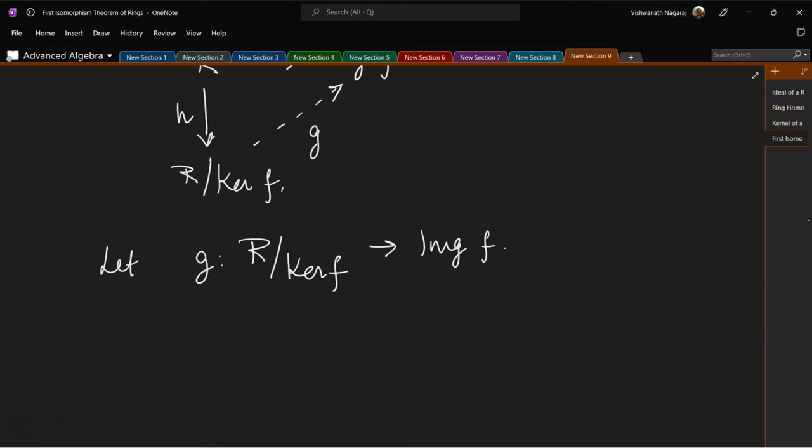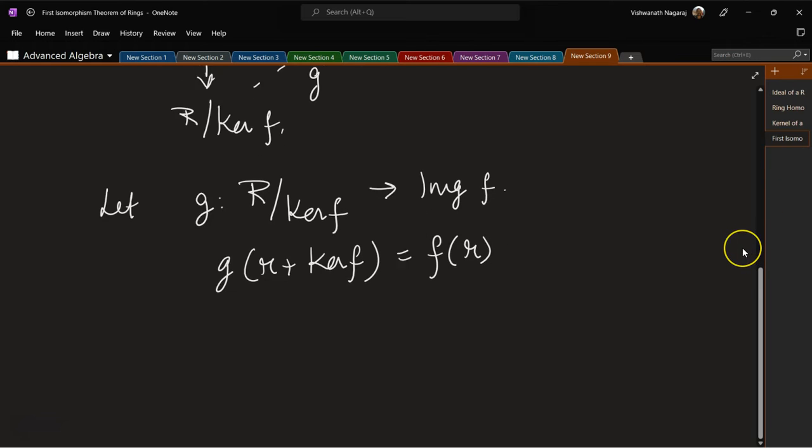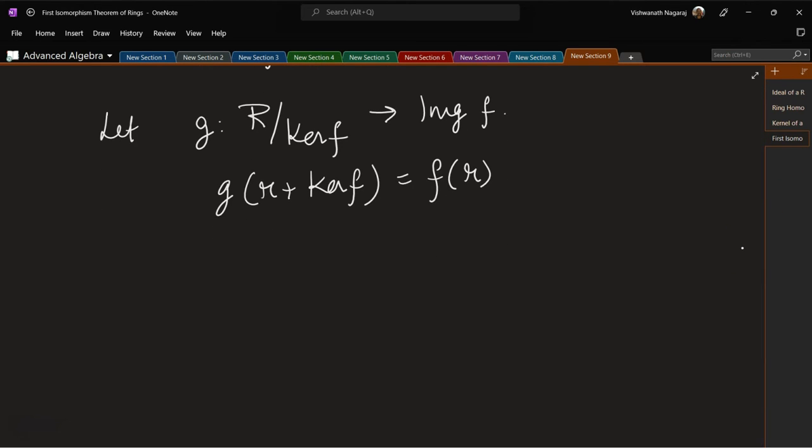We don't know whether it actually maps or not, which means we have to check for well-definedness. So this G of R plus kernel of f is equal to f of R. Let's first check whether it is well defined.